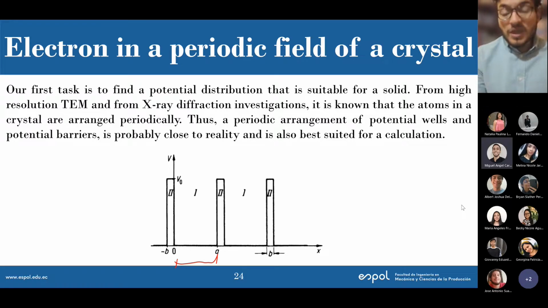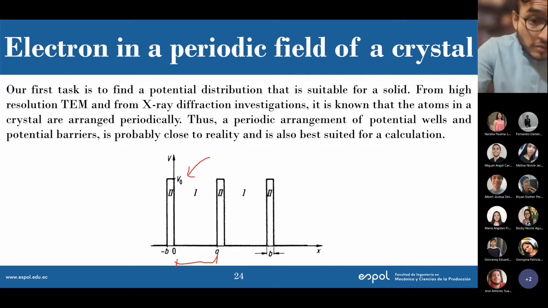V naught. Yeah, it's V naught. It's not infinite, right? It's not an infinitely high barrier. It says that it has a limit, and that limit in this case is called V naught.